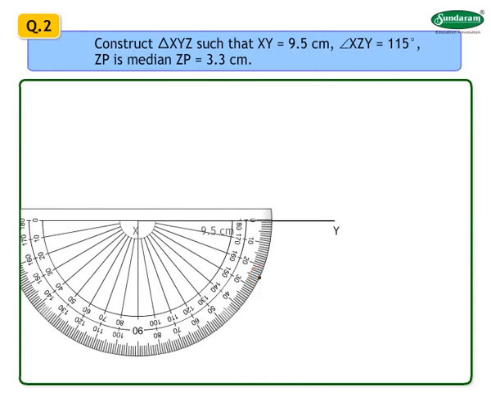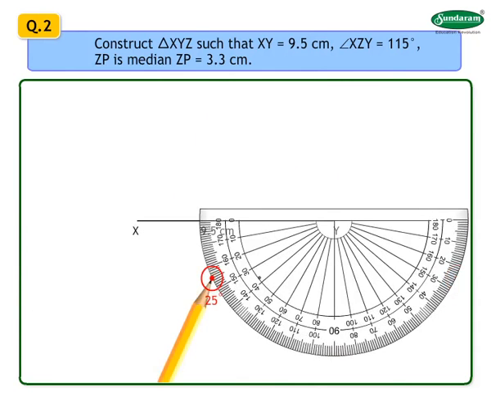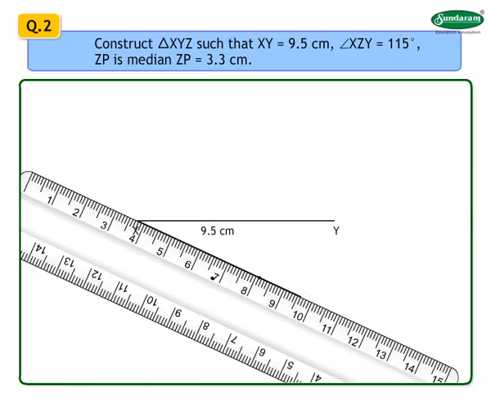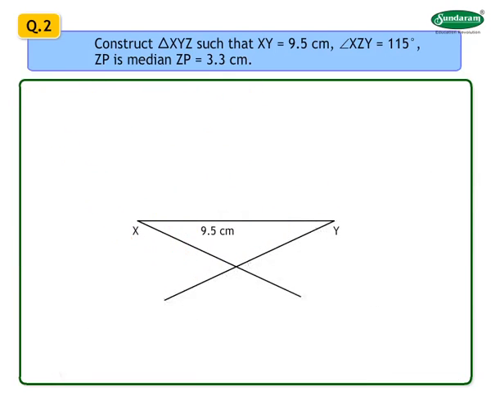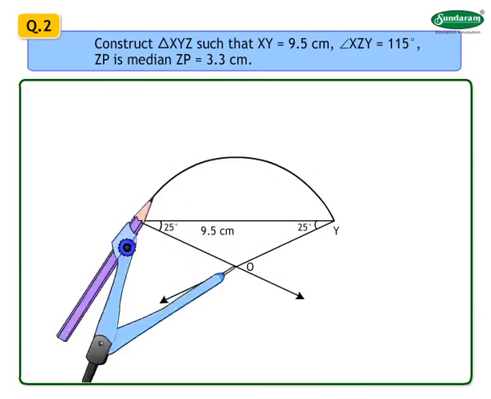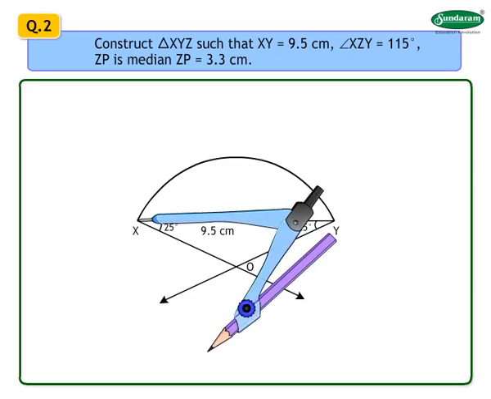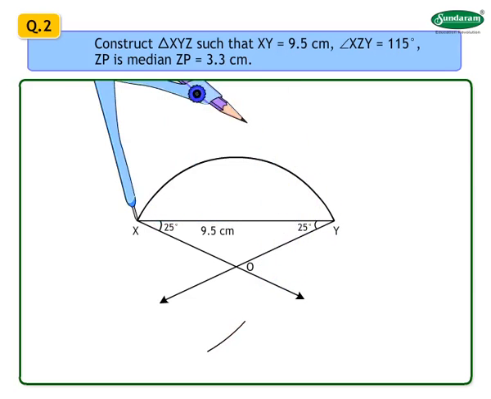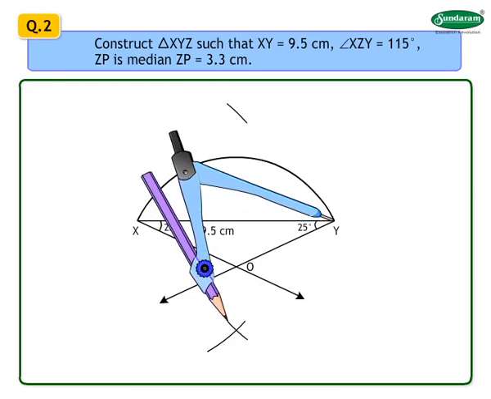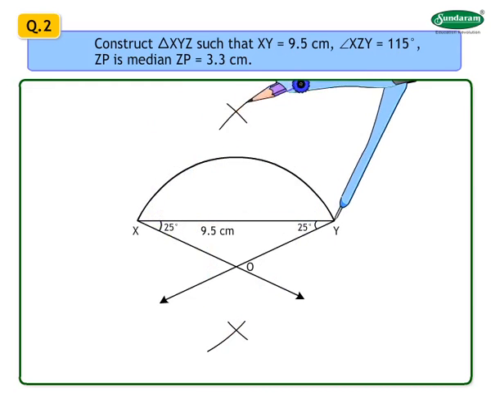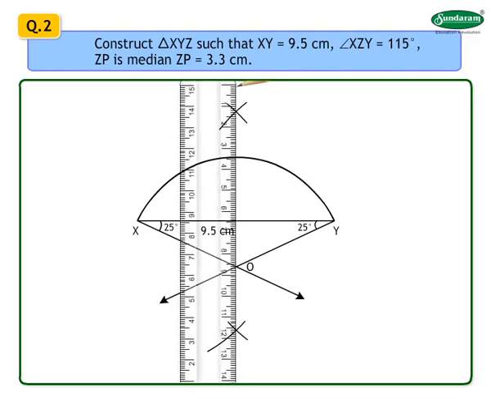Now, at the endpoints of XY, draw angles of 25 degrees to lower side of segment XY. Let intersection of arms of angle be O. Take O as the center and OX or OY as radius. Draw the arc to the opposite side of center.